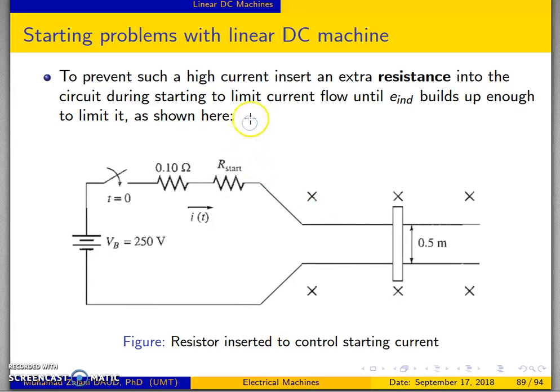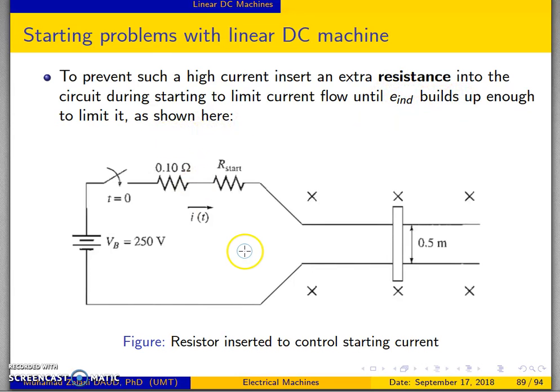To prevent that large current, we need some extra resistance, which is the starting resistance. The function of this starting resistance is to limit the current flow until the induced voltage is built up enough.